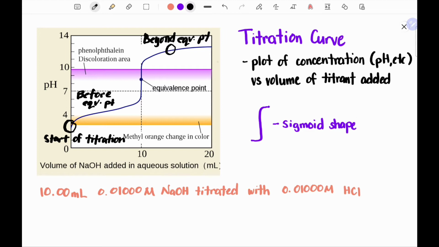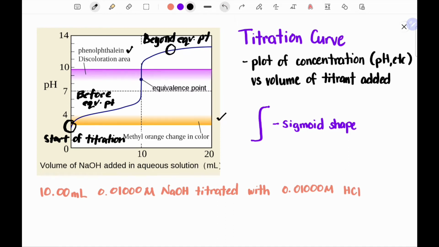If you look at the choices of indicators, we have here phenolphthalein, that's colorless to purple, and at the bottom methyl orange, that's orange to light yellow. Phenolphthalein is the appropriate indicator to use because the pH range is consistent with this steep change in pH.